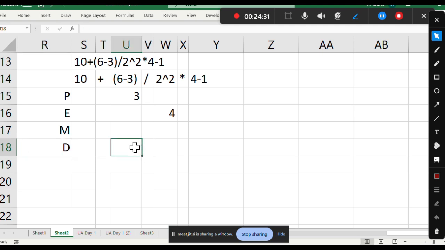So we shall have 3 divided by 3 divided by 4.